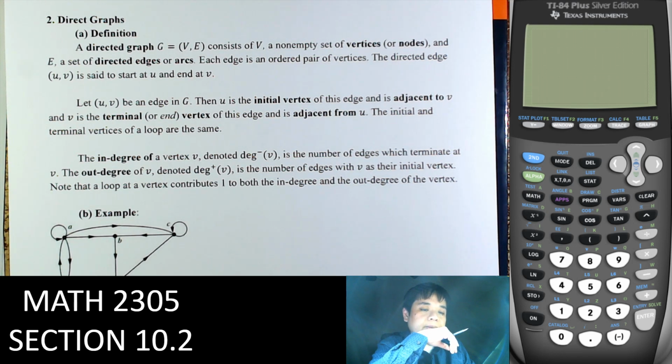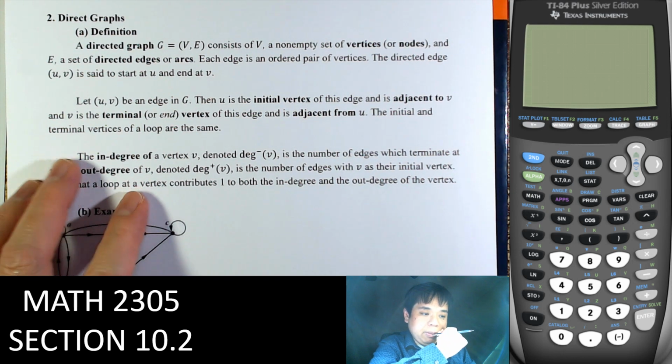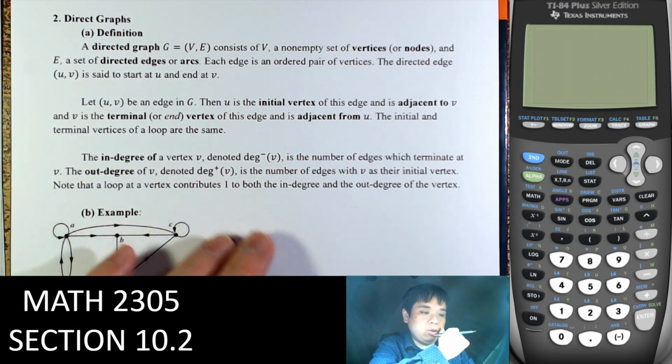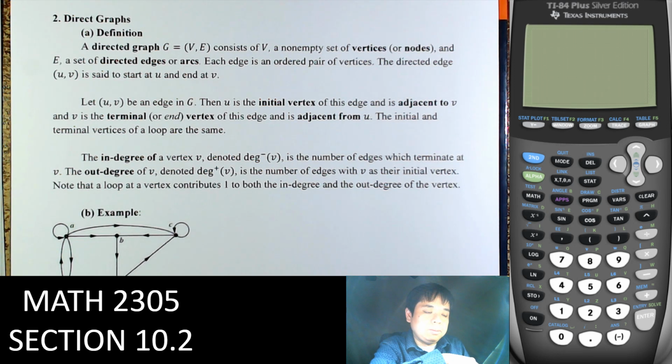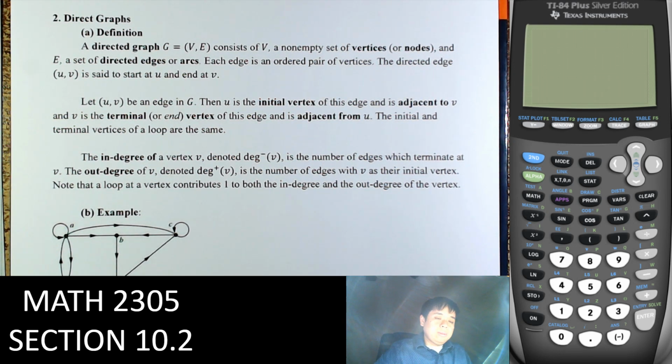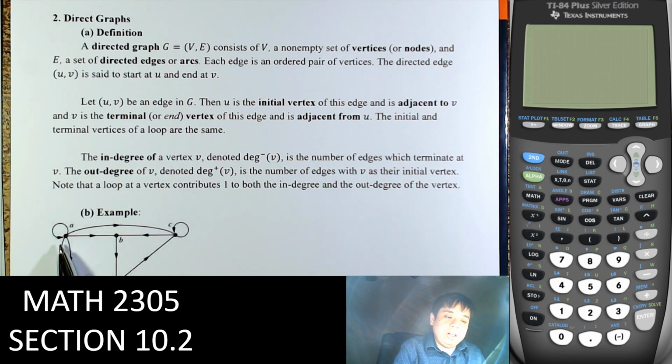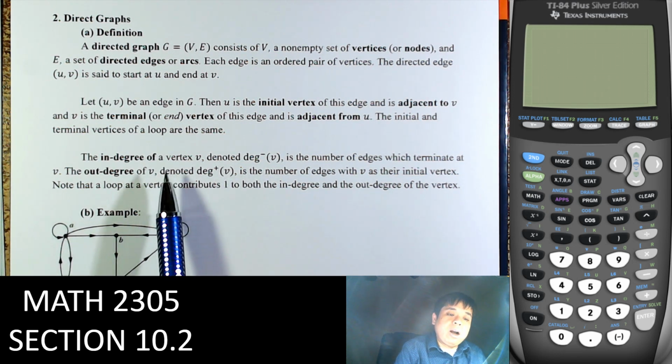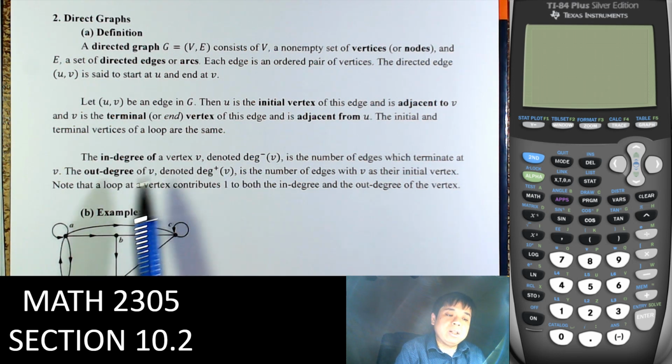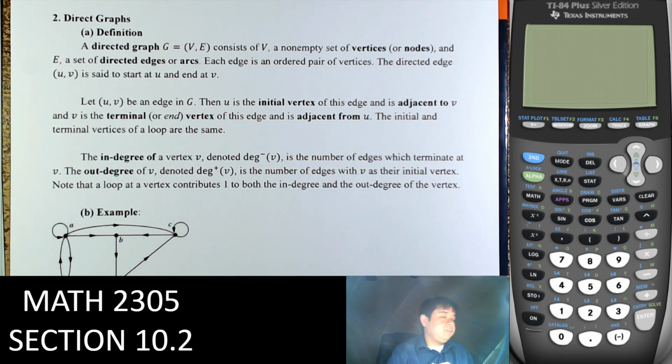Then U is the initial vertex and adjacent to V, and V is adjacent from U. Right. So let's look at one example. After that, we define the in-degree, the degree coming in, and the out-degree, the degree coming out. In-degree is minus, out-degree is a plus. Right. So here's an example.